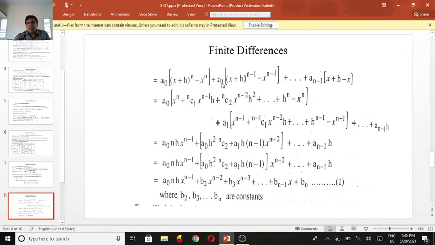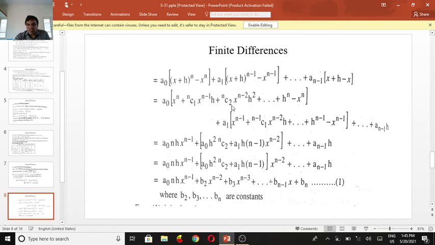Similarly a1 times, expand again, the binomial of degree n minus 1, we get x power n minus 1 plus n minus 1 C1 x power n minus 2 h plus etc. h to the power n minus 1, minus x power n minus 1, etc. Again the coefficients of a2 form, a3 form etc. a n minus 1 coefficients, x gets cancelled, we simply get h. Again we simplify inside, so x power n minus x power n gets cancelled, simply say a naught.